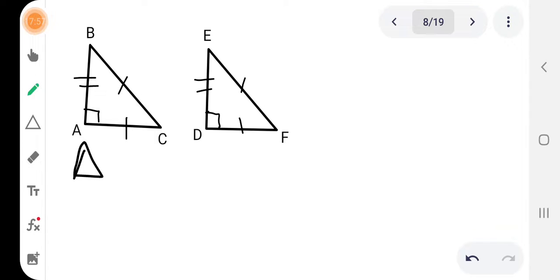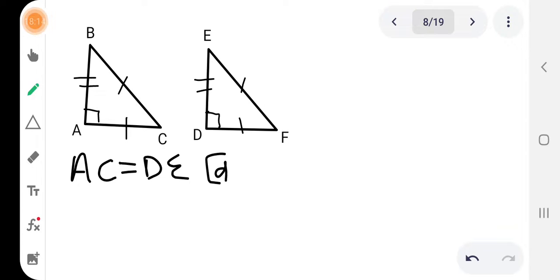Okay, so in this case, we are going to say AC is equal to DF. Okay, AC will be equal to DF, not DF, I think it is DE, right? Yes, it is DE. The reason is given.